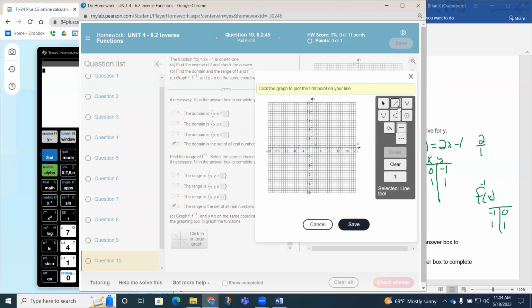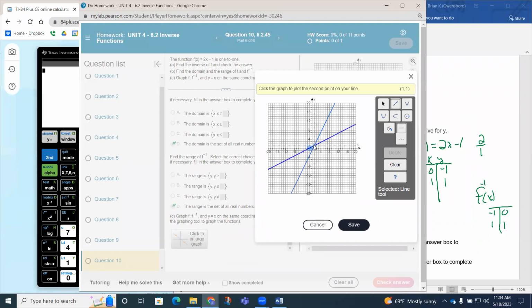All right, so let's try it again. So 0, -1, 1, 1. Then -1, 0, 1, 1. And then hit line again, and let's do 0, 0, and 1, 1. They didn't like that again.